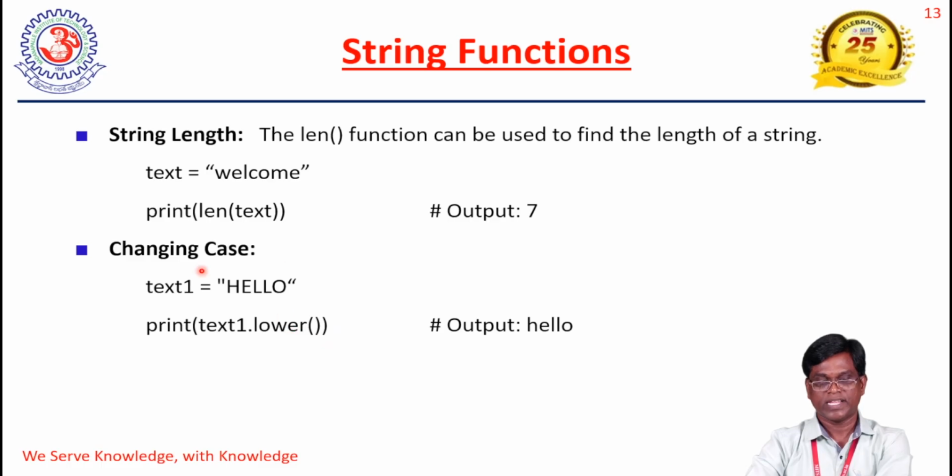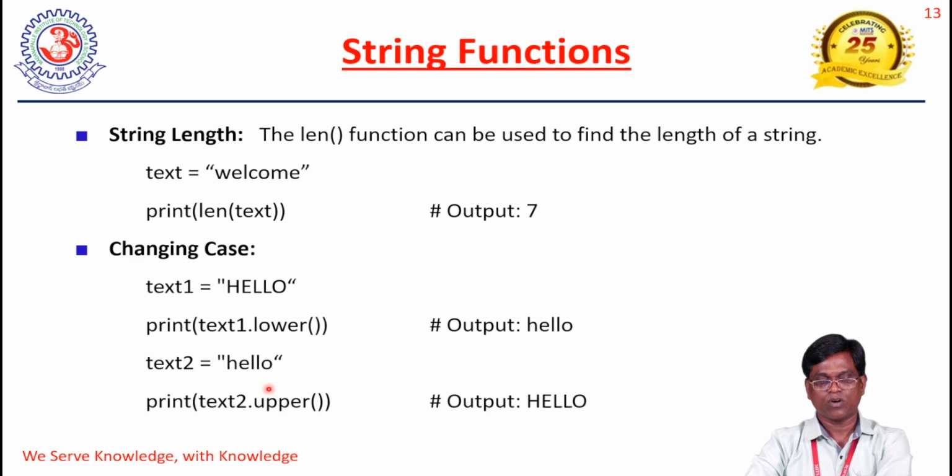Now whatever characters are there in the text1 string will all be converted to lowercase here. Similarly, you see another example, text2 is equal to hello here, and in text2, if you observe, all the characters are in lowercase. Now I want to convert them into uppercase. So text2 dot upper.